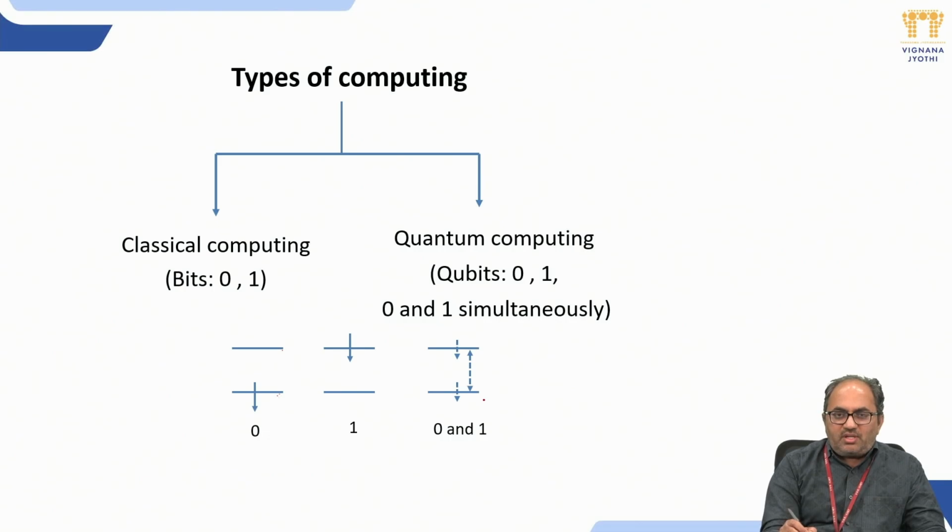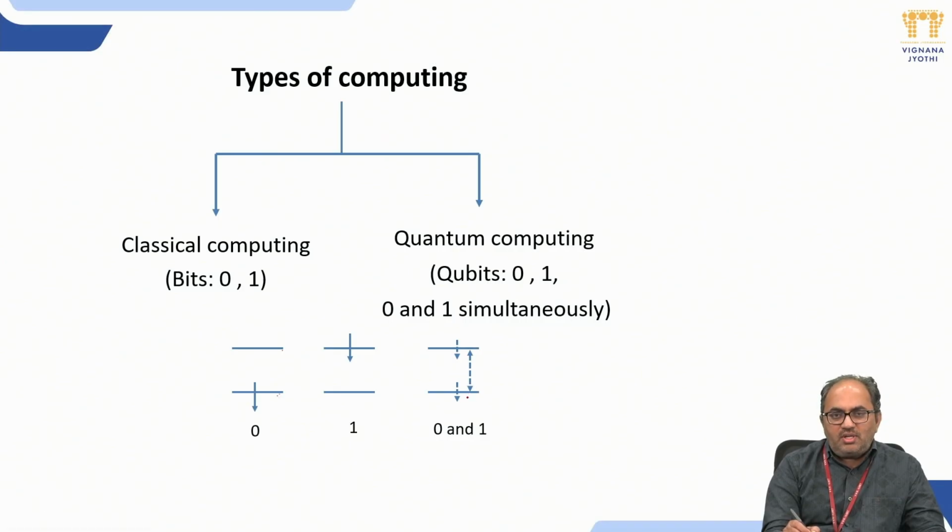Now see the qubit. What did I say? A qubit lives in two states simultaneously. That is, a qubit will stay in state 0 and state 1 simultaneously. A quantum particle has the ability to stay in both states simultaneously.